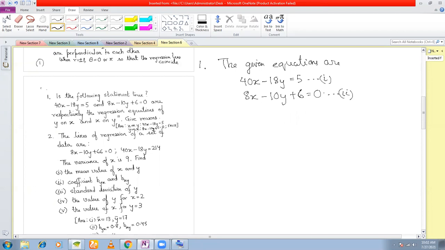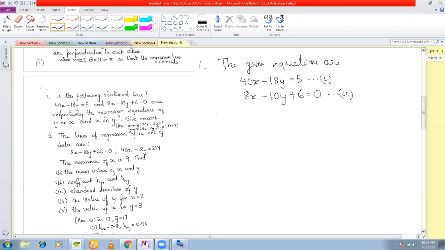These two are the regression lines that are given to you. Now the question is, you have to identify which one is the regression equation of y on x and which one is the regression equation of x on y. Till now I don't know which one is y on x and which one is x on y.